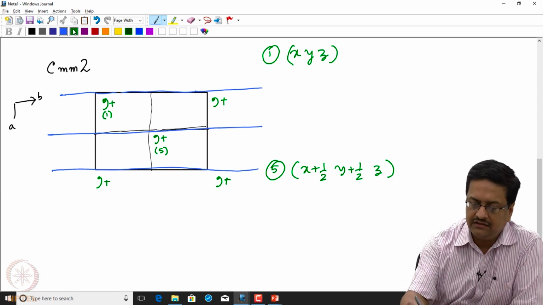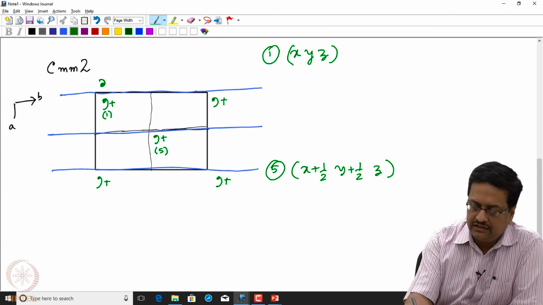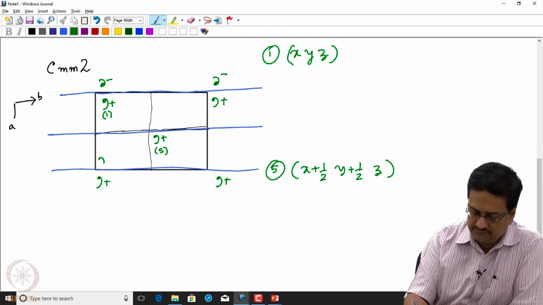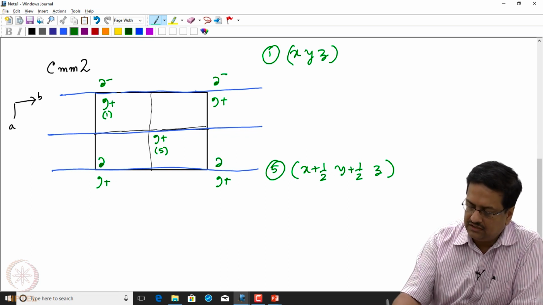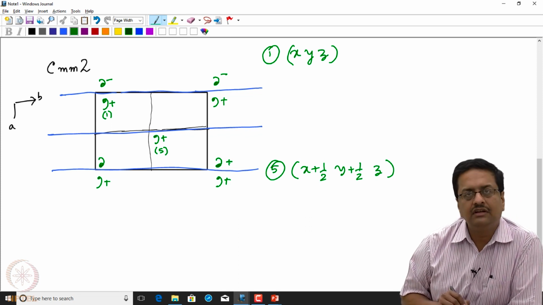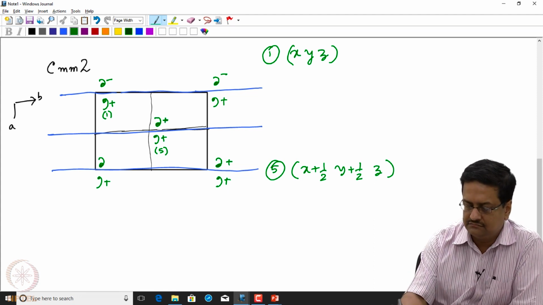If I apply a mirror symmetry on my point number 1, I get this, and the corresponding translational components are also drawn. If I apply the mirror on point number 5, I get this.